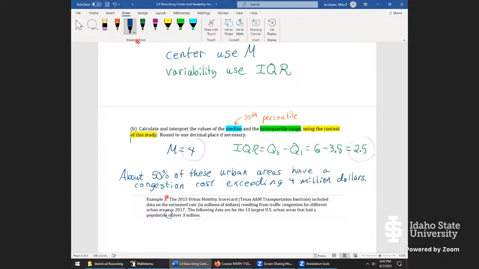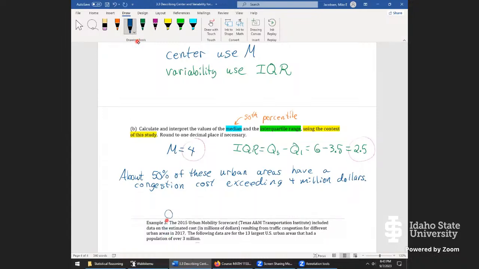So that's our first interpretation there. Let me move that down. And that's not something you would have to say about the median. You could say this differently. You could say half the urban areas have congestion costs due to traffic below $4 million, and that would have been just as fine. So that takes care of that value there.